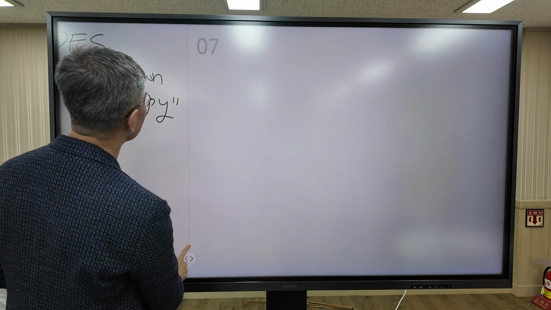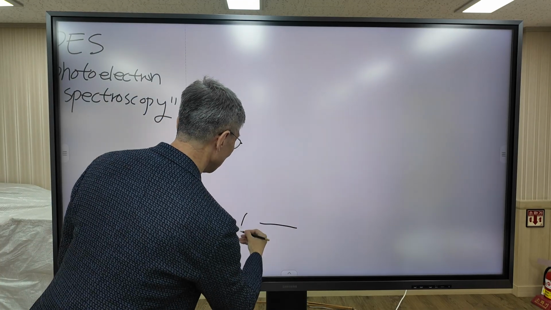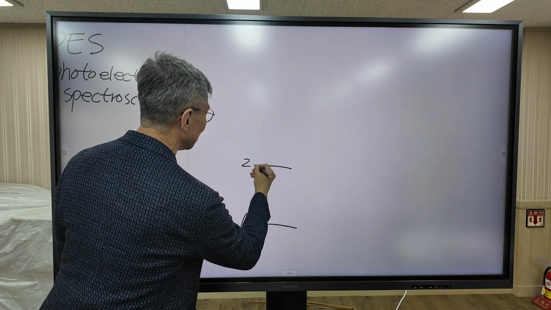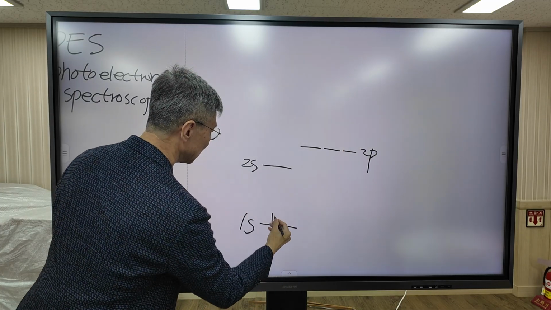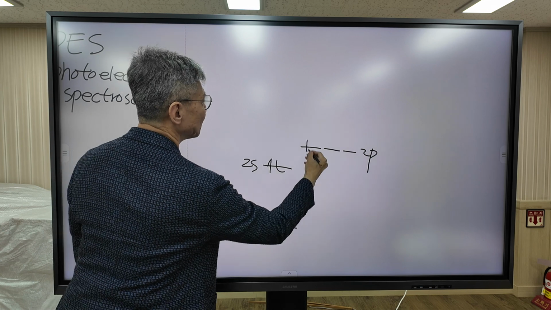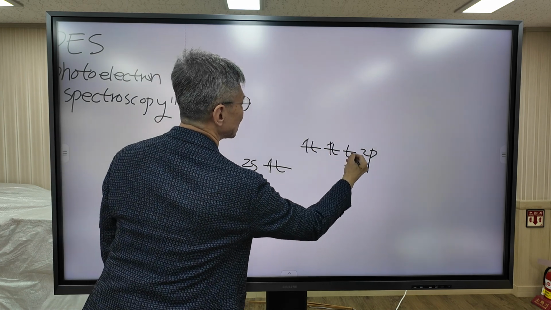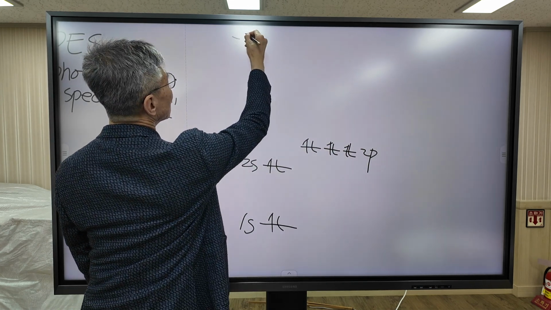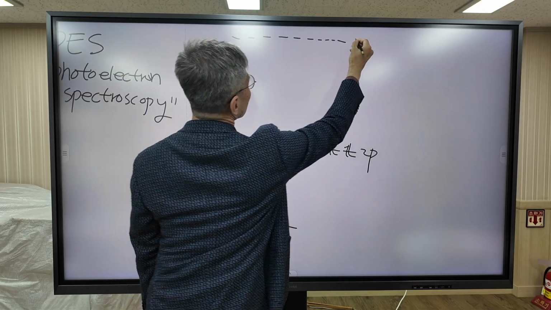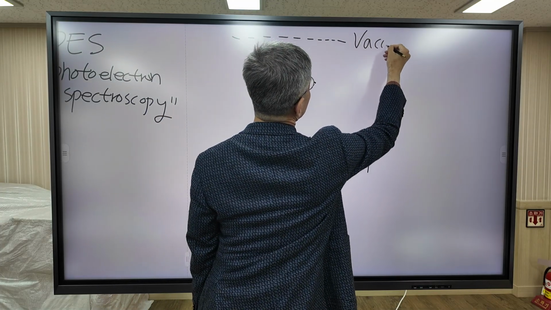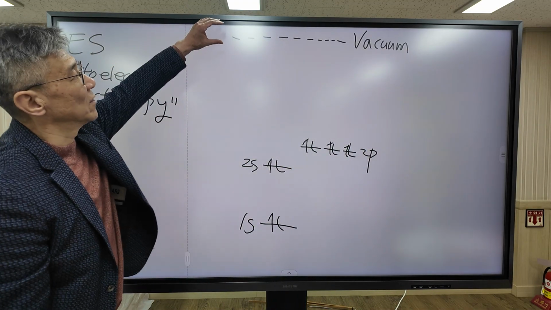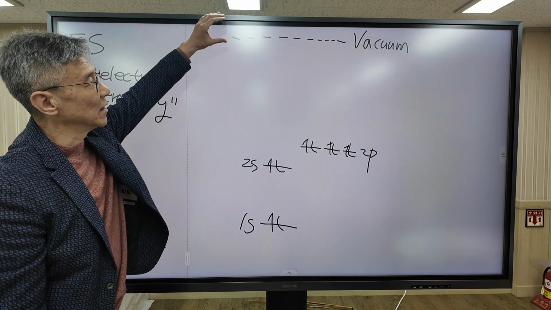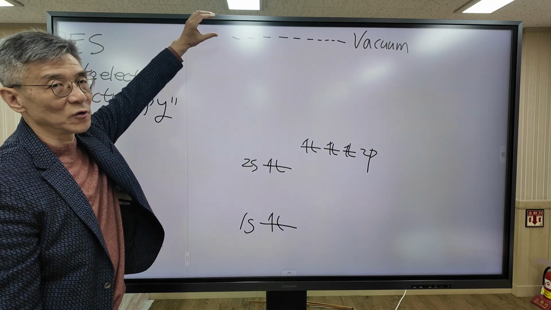Let's take an example of neon: 1s orbital, 2s orbital, 2p orbital. The electrons are fully occupied. And this level is called the vacuum state. The vacuum state refers to the state when the electron is free from the nucleus.